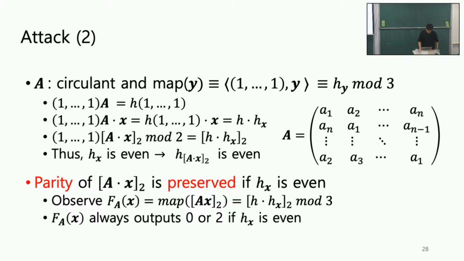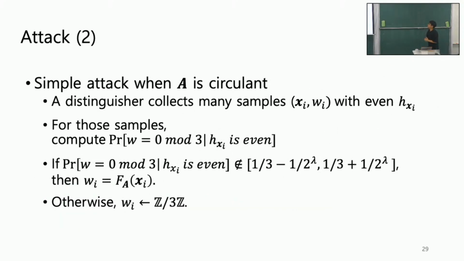So our second attack is also simple. This is almost the same as the previous attack. First, the distinguisher collects many samples xi, omega I such that HXi is even. For those samples, we can compute the conditional probability.